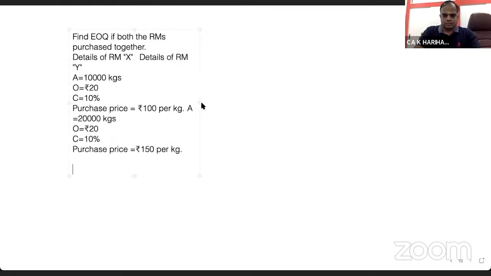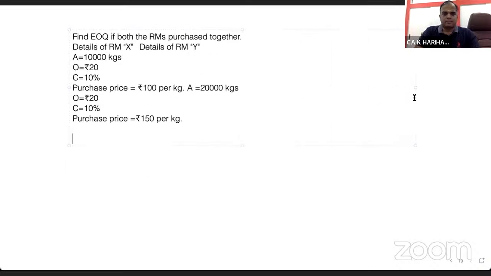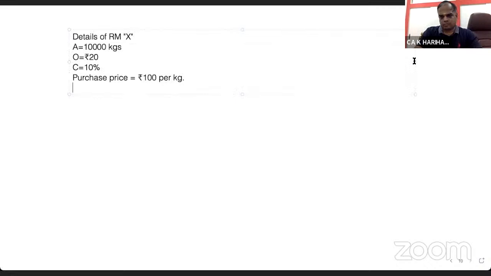A different variety we are doing. Is it visible?